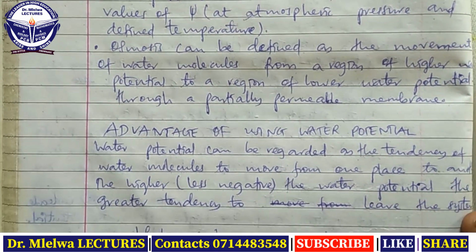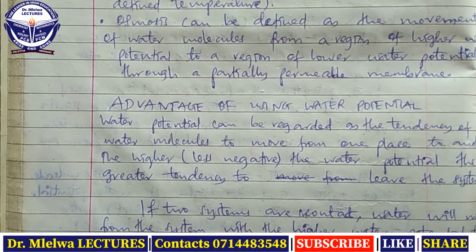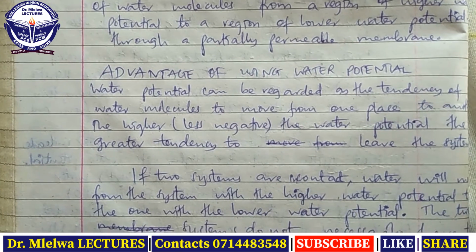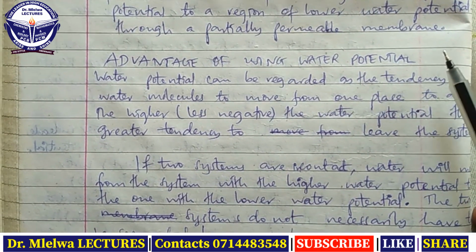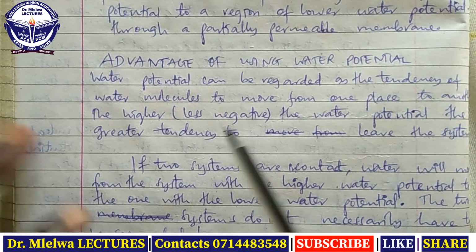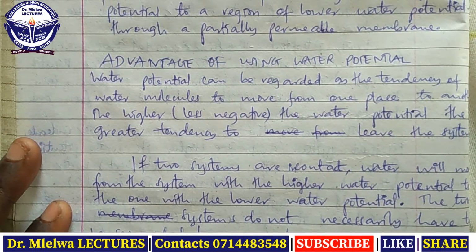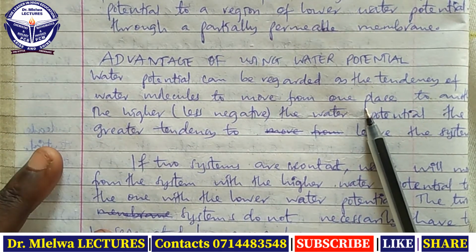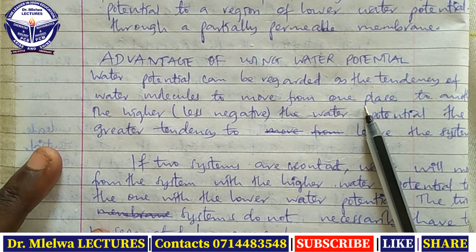Why is it advantageous to use water potential as the quantity of measurement or in calculations regarding transportation in a plant? Water potential can be regarded as the tendency of water molecules to move from one place to another.